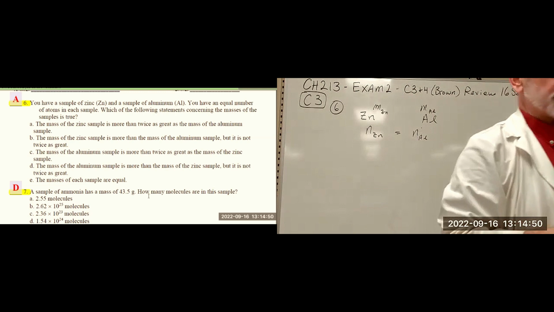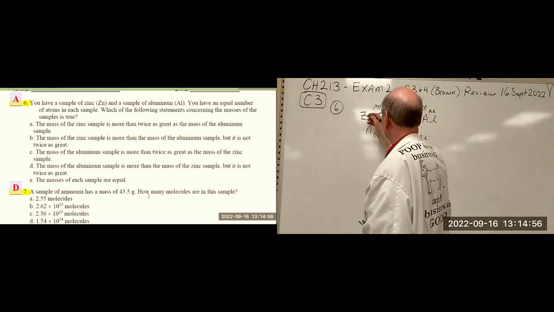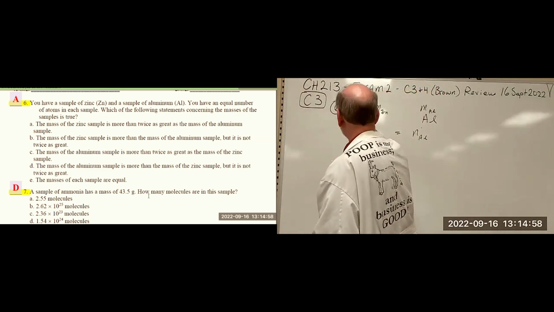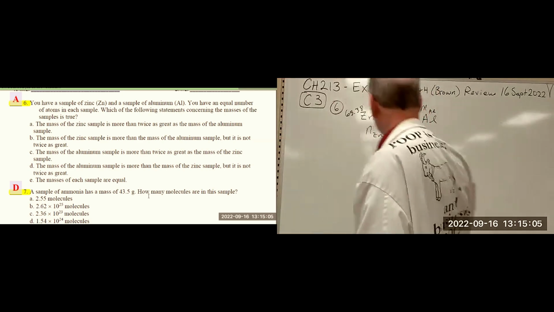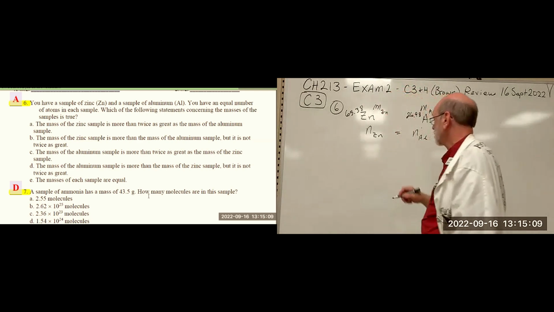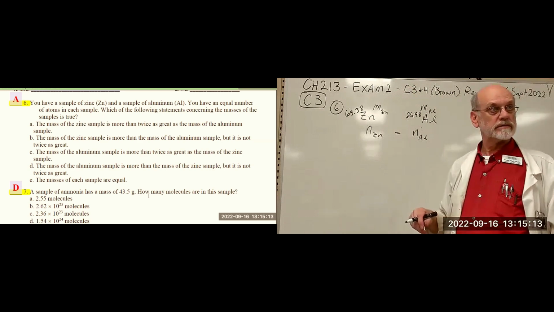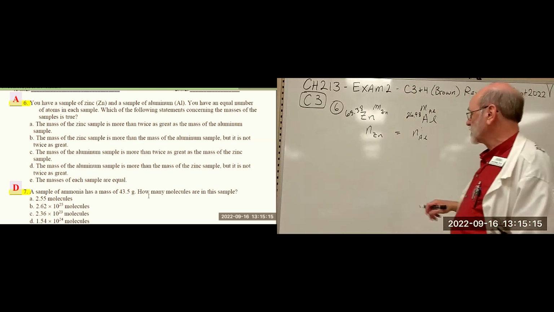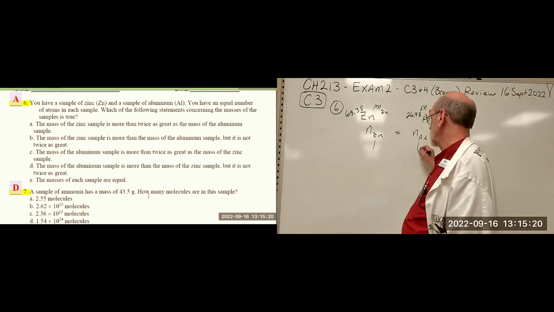So zinc weighs 65.38 and aluminum weighs 26.98 grams per mole. If we have equal numbers, let's say for argument's sake, we have 1 mole here.